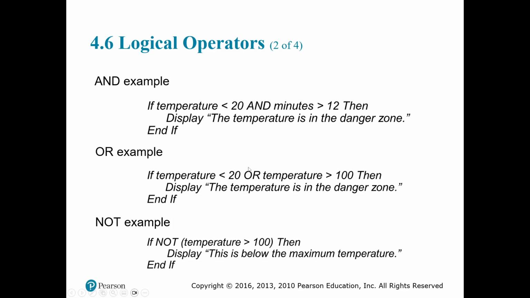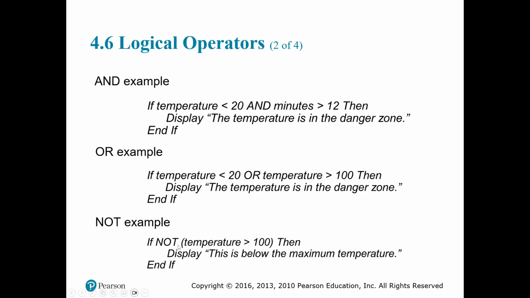Or, remember, only one of the conditions needs to be true. So if this condition, temperature is less than 20, is true, we're just going to skip this whole part of the code and move straight to executing what's inside of our decision structure. And same thing, if the temperature is more than 20, for example, then we move on to the next condition that we have. If this condition is false, only then we move on to the next condition and check if this condition is true.